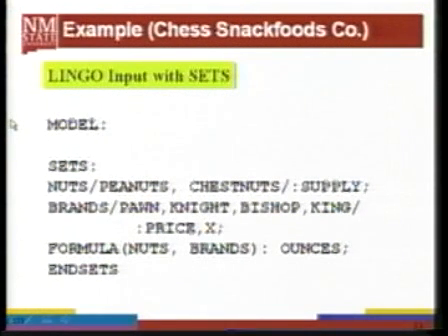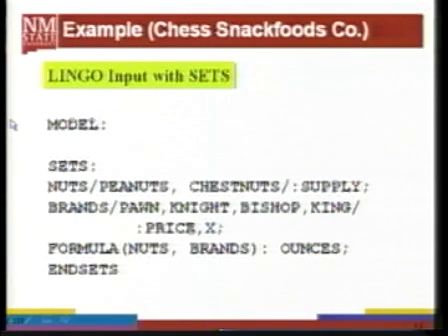So first, we need to define the sets needed to solve the problem. Which sets are the primitive sets and which set is the derived set here? The primitive sets in this model are the nut types and the brands of mixed nuts, right?